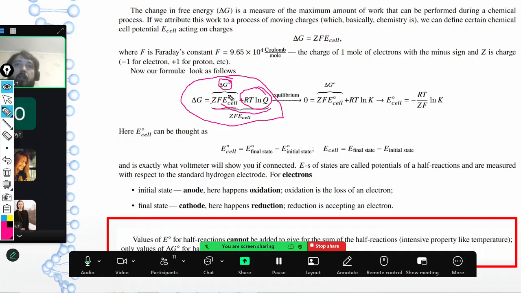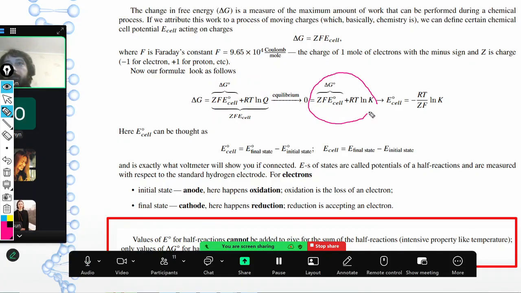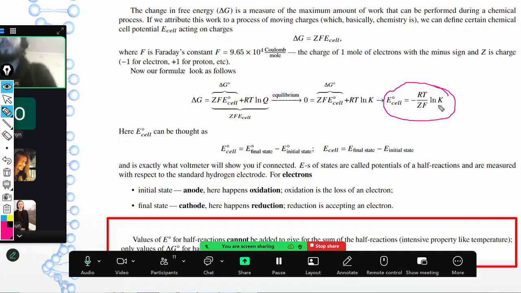So this is E cell naught for standard conditions, and this is some sort of E cell. In case of equilibrium, we set delta G to 0, and we have this formula. And from this formula we can get E cell naught. So here is how that looks, and that's why you can have some sort of connection between the equilibrium constant and E cell naught.